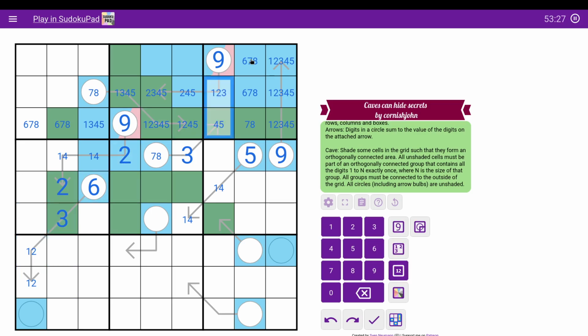These two digits add up to 6, right? So that's not a 3. This could be 143.